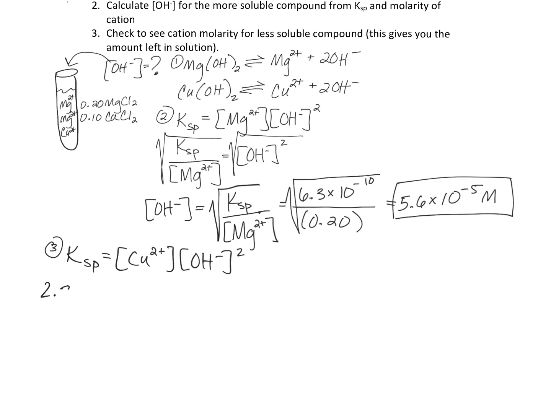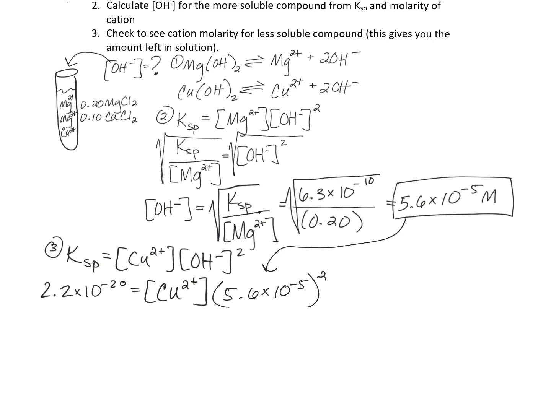So 2.2 times 10 to the negative 20 is equal to, okay, copper, I'm not plugging that in because I really want to know how much is left, not how much I had before the precipitation. I want to know how much is left, assuming that I've used the total 5.6 times 10 to the negative 5 concentration for hydroxide. So I'm going to square the concentration of hydroxide, and then I'm going to divide it into the Ksp. I'm putting that into my calculator right now.